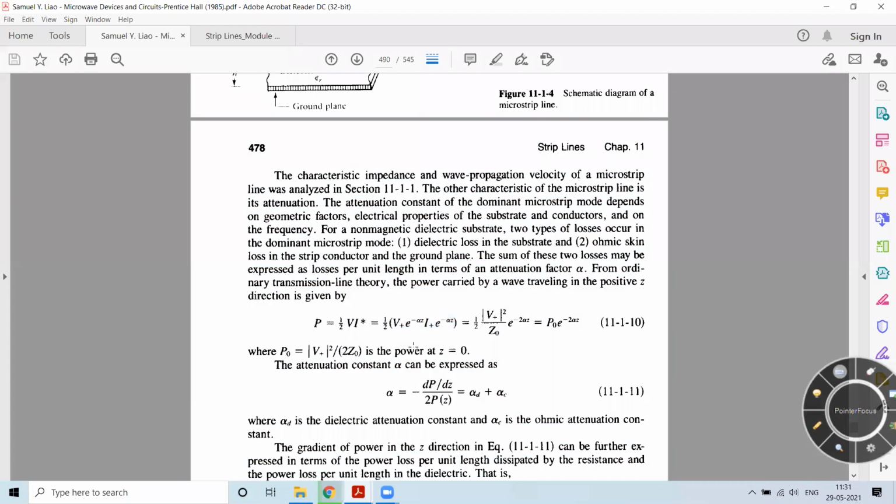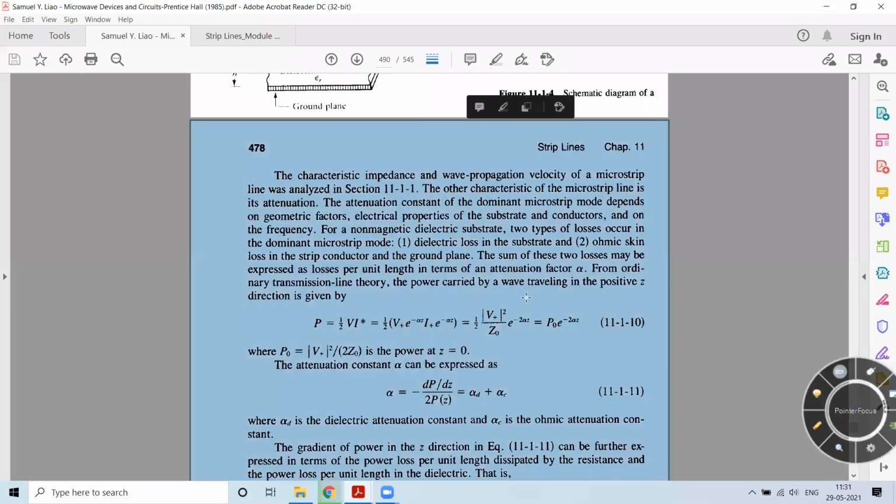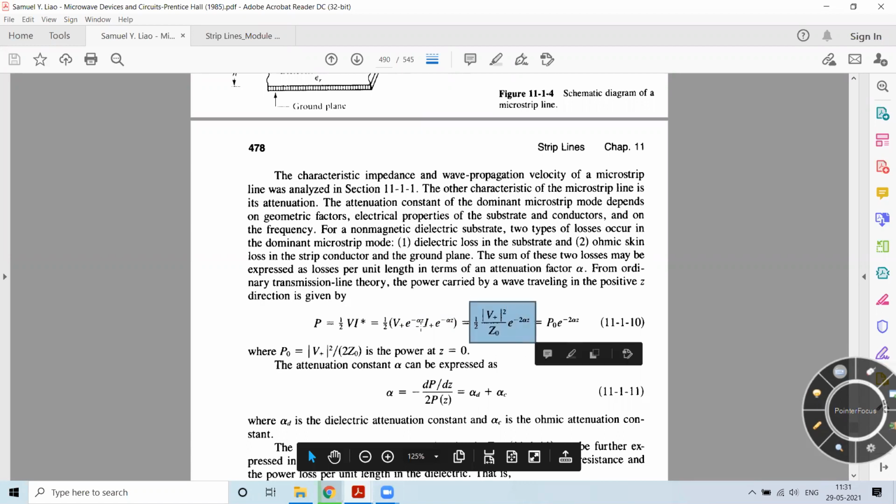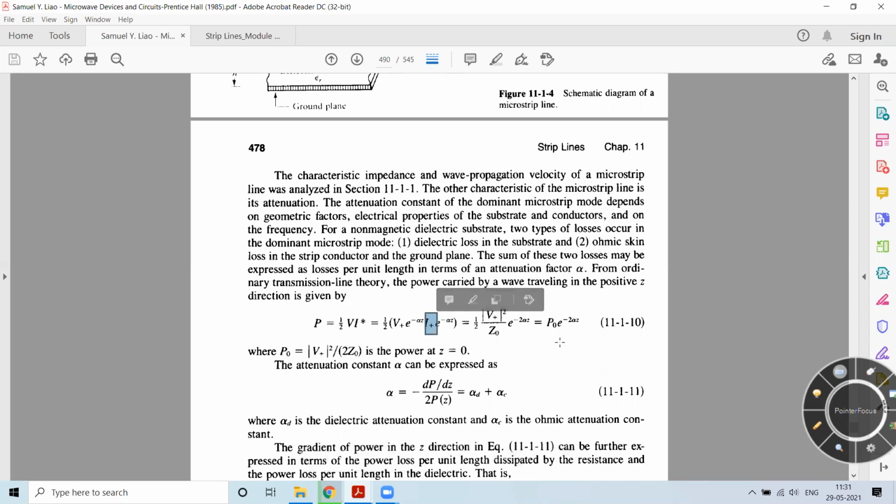When we simplify this, if you remember, we had obtained an equation for Z naught in terms of the incident voltage and incident current in the previous sessions. When you substitute that, I plus is V plus divided by Z naught.